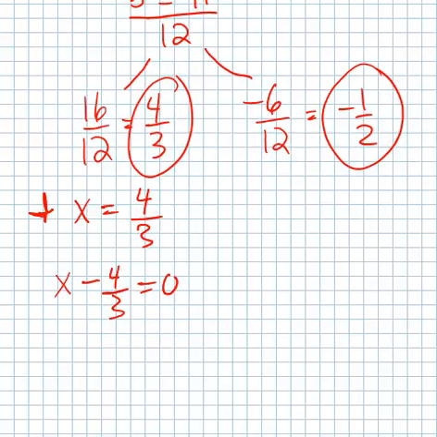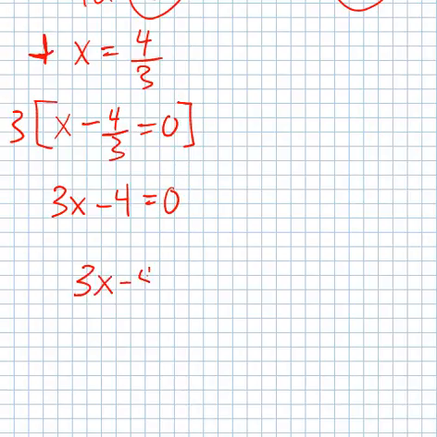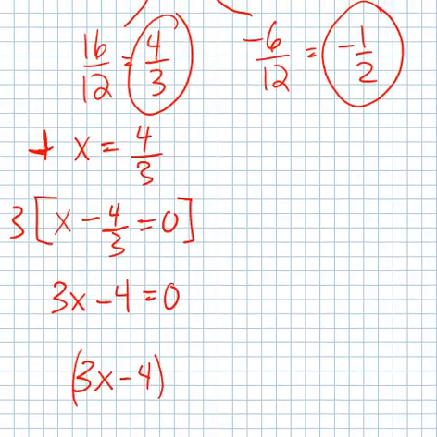So again, I'm working backwards. Multiply everything by 3, and I get 3x minus 4 equals 0. All I did there was multiply everything by 3 just to get rid of my denominator. That is one of my factors. I do the same thing for the other one, the negative 1 over 2.